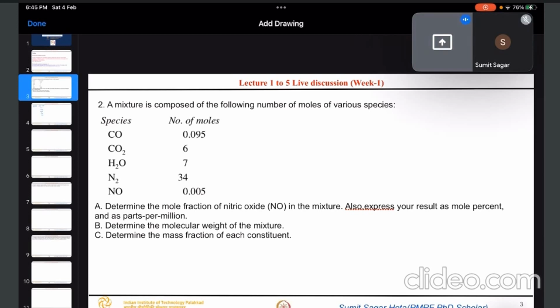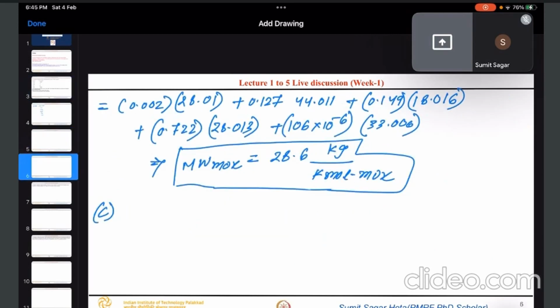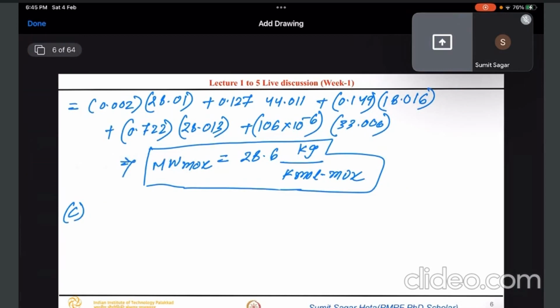Now as the C bit mentioned, determine the mass fraction of each constituent. So this is very simple. What we will do, we do yi is equal to xi into molecular weight of i divided by molecular weight of the mixture.